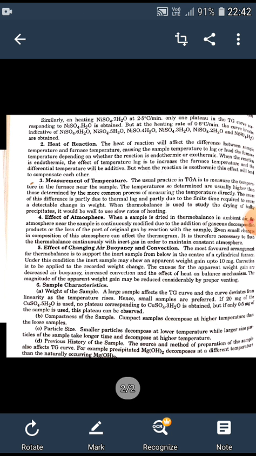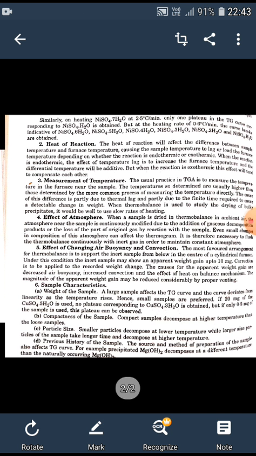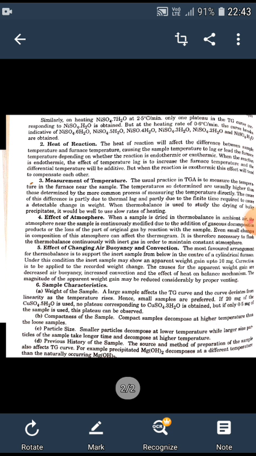The next factor influencing the thermogravimetric analysis is the effect of changing air buoyancy and convection. The most favored arrangement for thermobalance is to support the inert sample from below in the center of a cylindrical furnace.